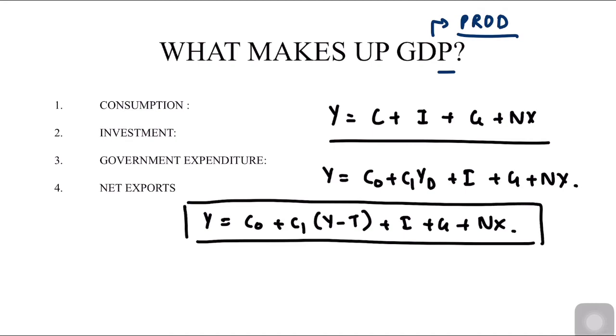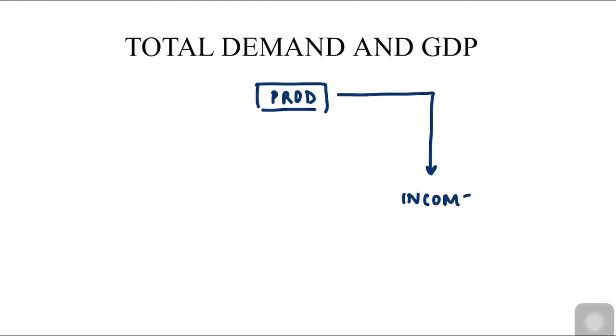Now that we know what is total production, let's move on to understand how GDP relates to total demand. We need to understand the circularity that is assumed between production, income, and total demand. So when we talk of production, it is said that anything that is being produced and is then, of course, being purchased by people translates into income.